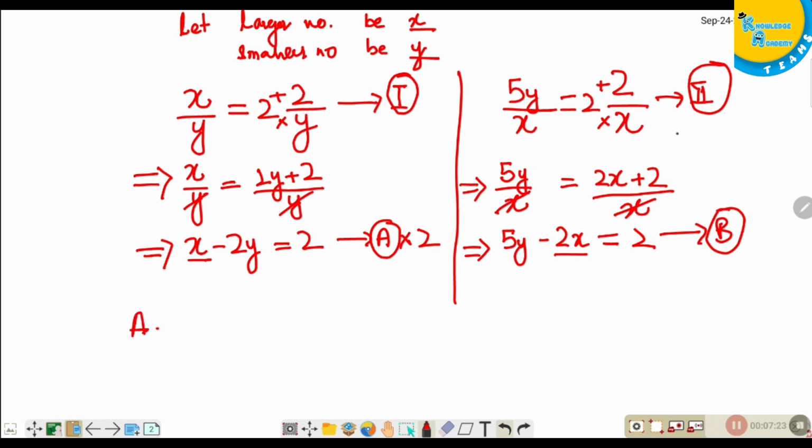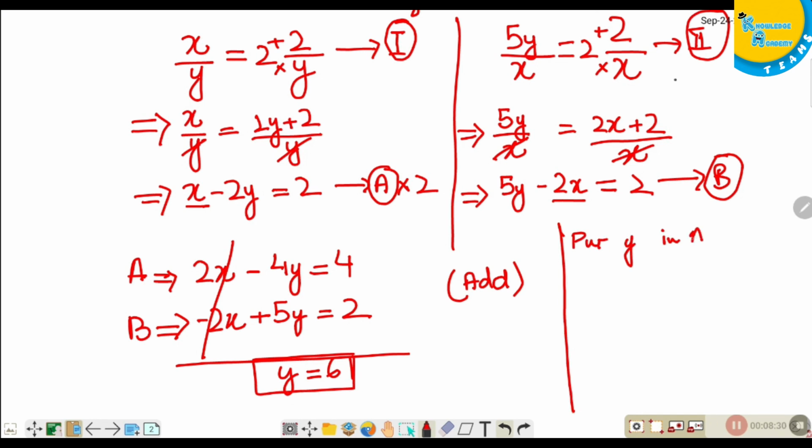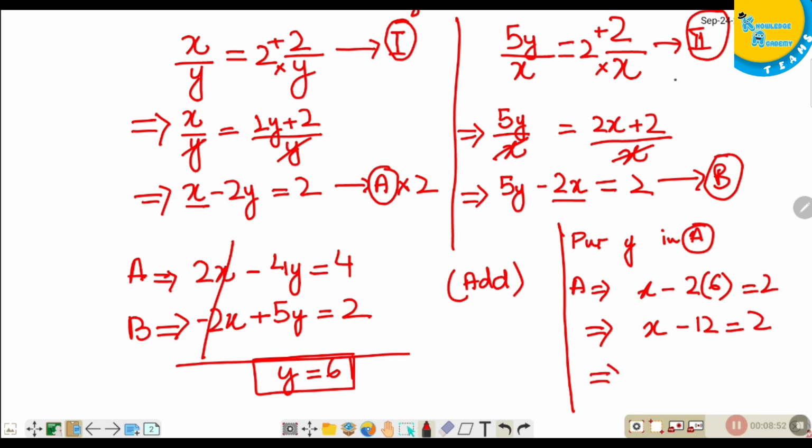So now x is equal to 14. So these are the two numbers. x is equal to 14 and y is equal to 6 are the two required numbers.